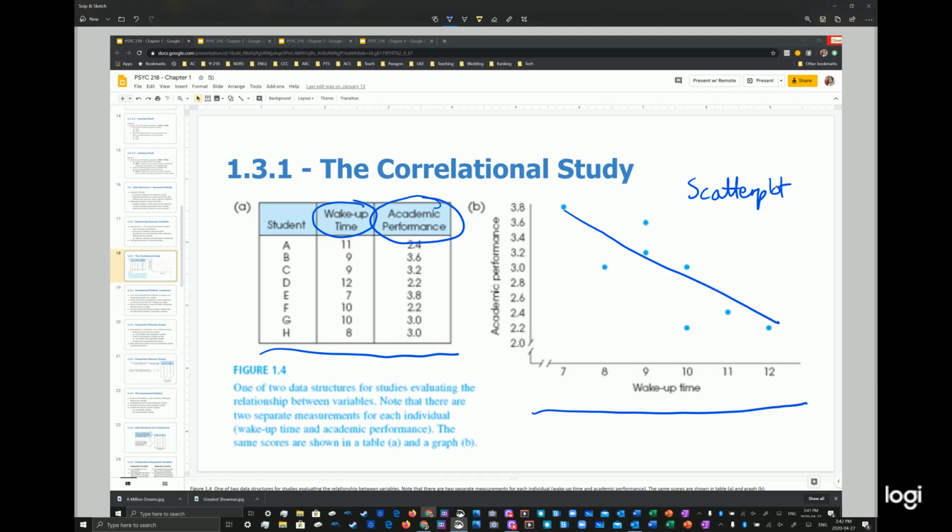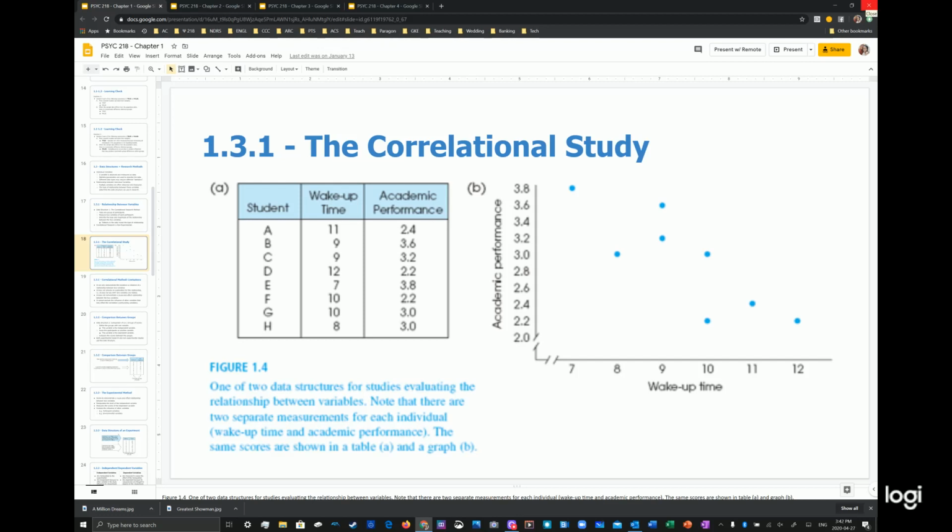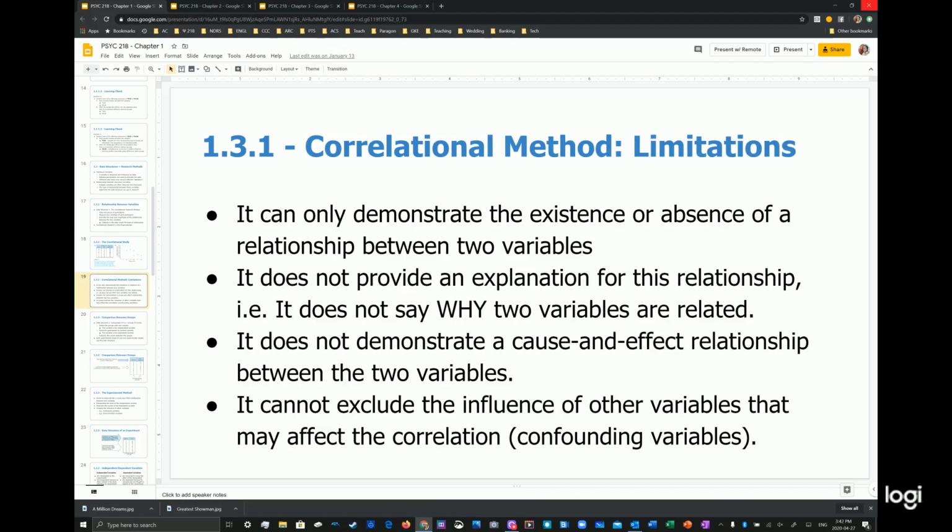If you find a person who has fewer wake up time, maybe slept more, then that person seems to have done better in school. Notice this is a relationship between wake up time and academic performance, which will lead to our next point, which emphasizes the fact that correlational studies are not experimental studies. And here are some of the limitations that we're going to talk about in relation to this.